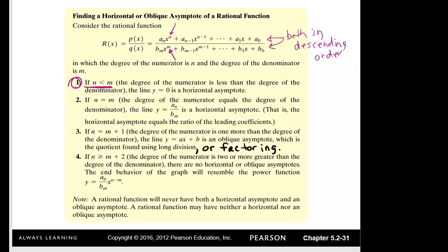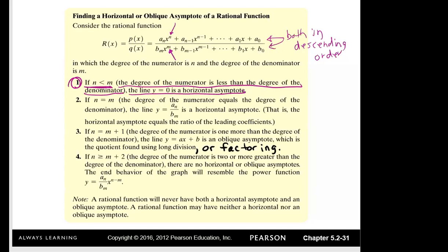And the denominator, the first term, has its highest exponent. So m is its degree. So they're saying if the degree of the numerator is less than the degree of the denominator, then the line y equals 0 will always be a horizontal asymptote.